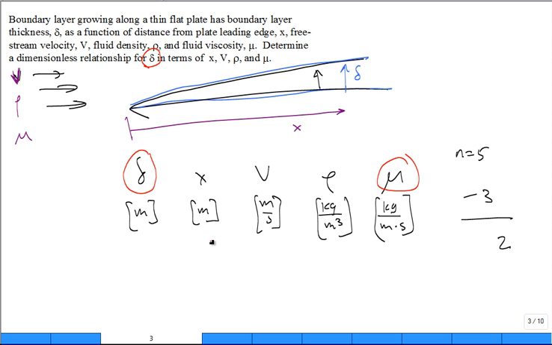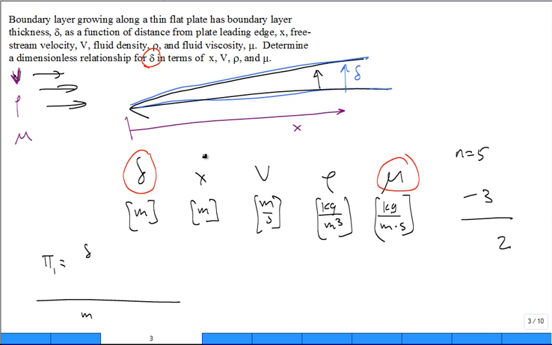So the first pi group that we build, we're using the Buckingham pi method, or theorem, or algorithm. Okay, so we'll say delta, and it has units of meters. So I'm going to separate that right there. And so what do I do to get rid of it? Any suggestions?